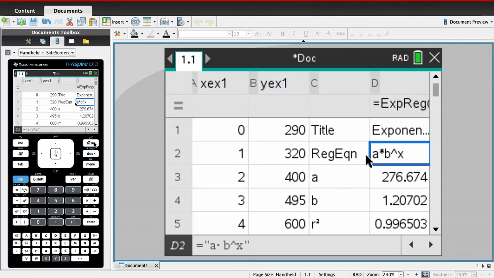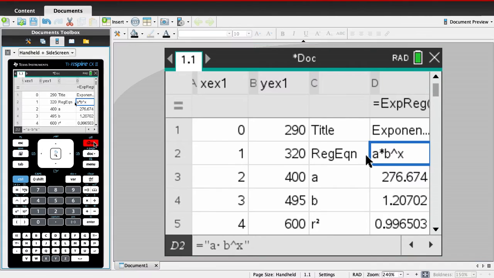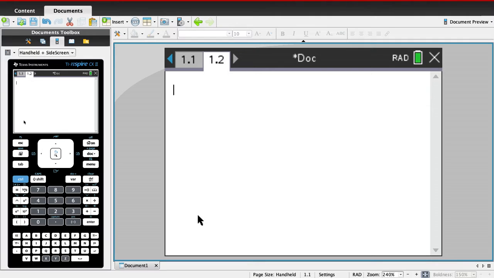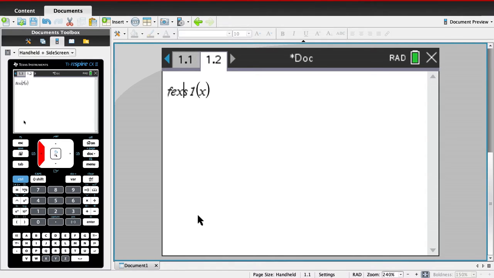First thing, I want to head over to a calculator page. I am going to type in my equation. So f example, and I'll say the shortened form for number 1 of x. Whoops, hold on. Let me type in my equation.